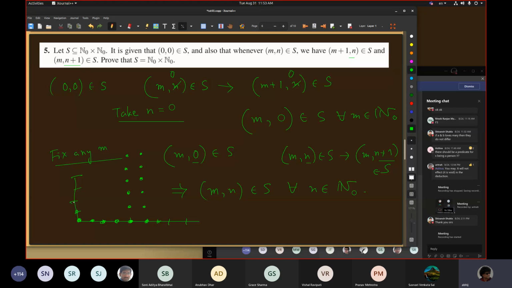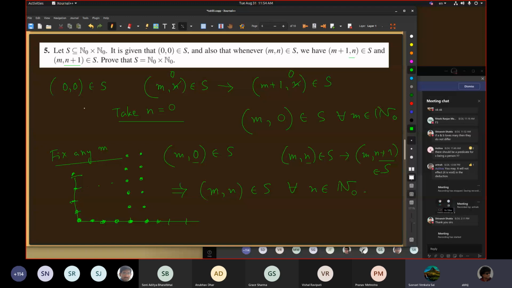You first prove that this is there, this is there, and then you prove this is there, this is there, and so on. If you start with n not equal to 0, you cannot proceed by induction because 0, n is not given to be in S. This is not part of the hypothesis. First, you have to prove it.